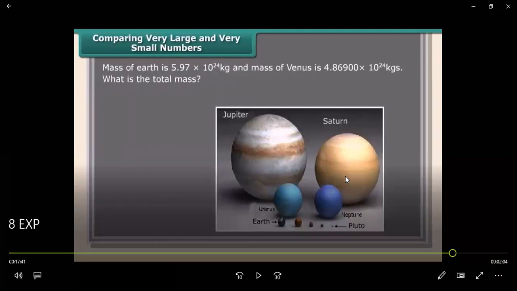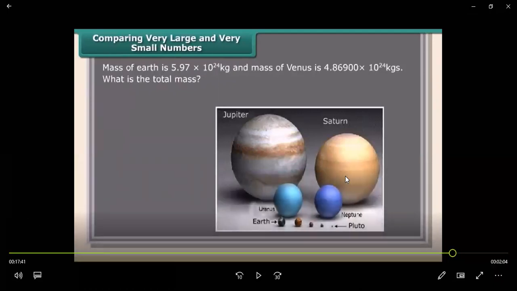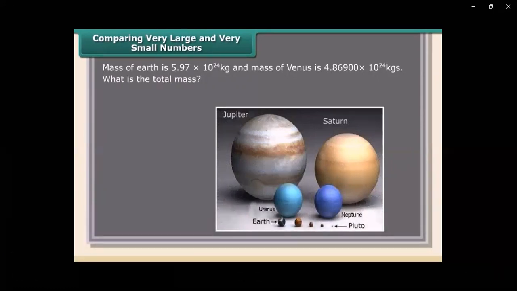Then, for example, let's take few more questions over here, and this will be your home assignment to try to solve these questions. And in our second exercise also, we'll try to solve such type of questions. So, for example, the mass of Earth is given as 5.97 into 10 raised to the power 24 kgs, and mass of Venus, okay, that's given as 4.86900 into 10 raised to the power 24 kgs. So, what is the total mass?